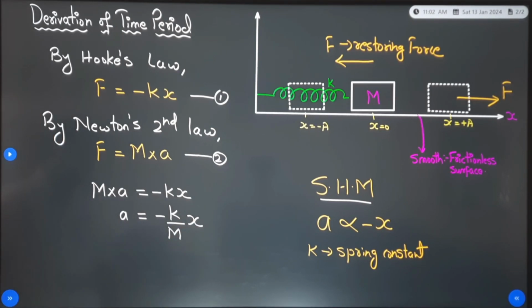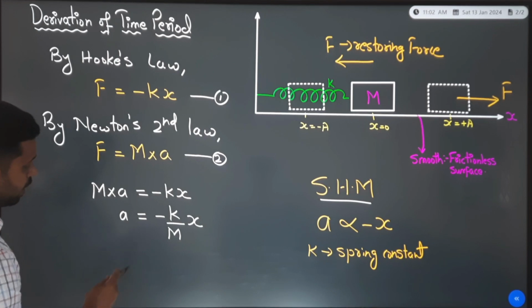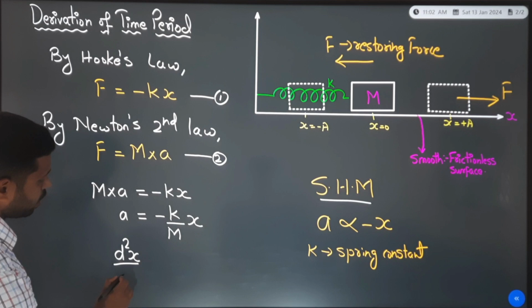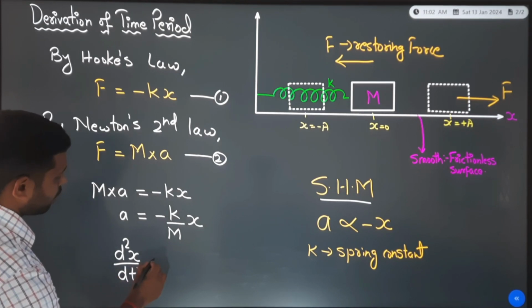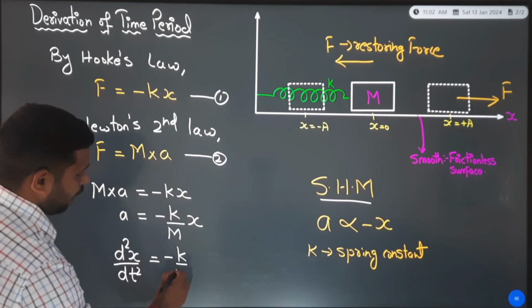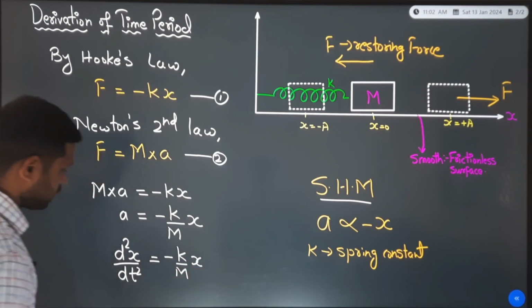Now this acceleration, we know, is the second derivative of position with respect to time, d2x by dt square. So I can write this as minus k by m into x.